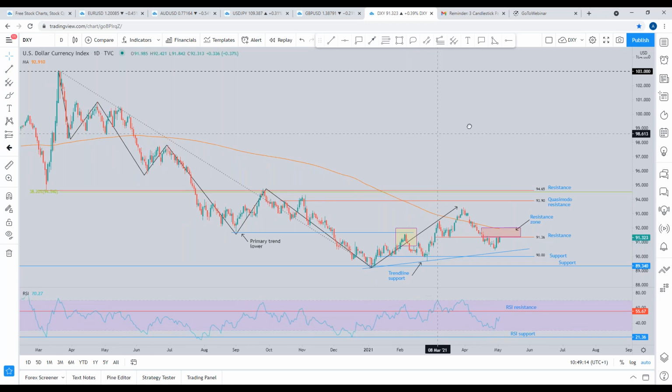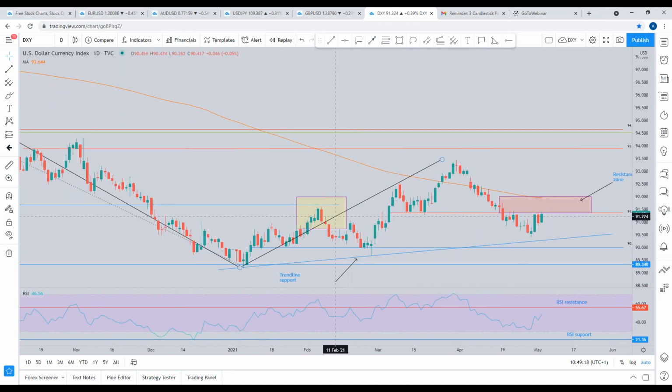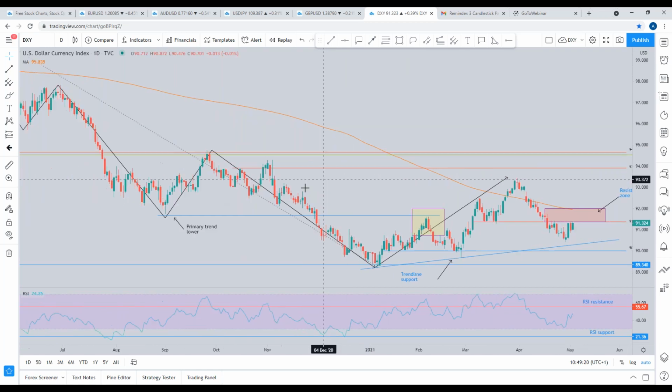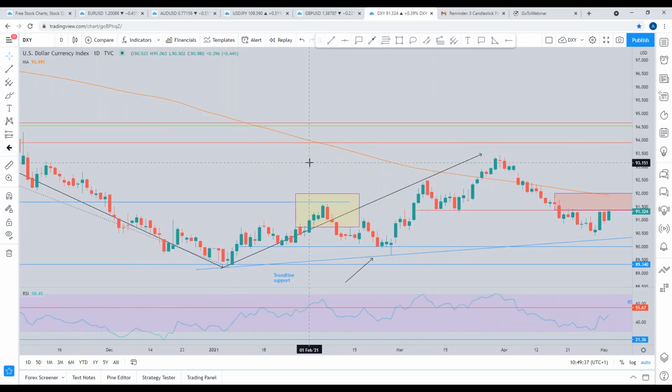Okay, so back onto the Dixie charts, it was here I wanted to show you. This is the bearish outside reversal, I think. Yes, a bearish outside reversal. We had a clear pullback low here, and price just missed the area. This is just an example of what a bearish outside reversal would look like on the daily chart.